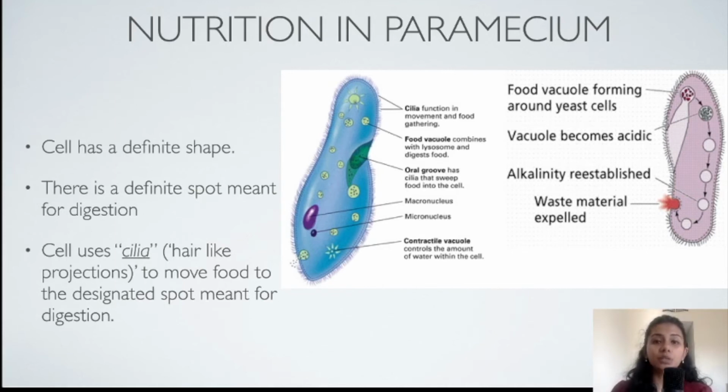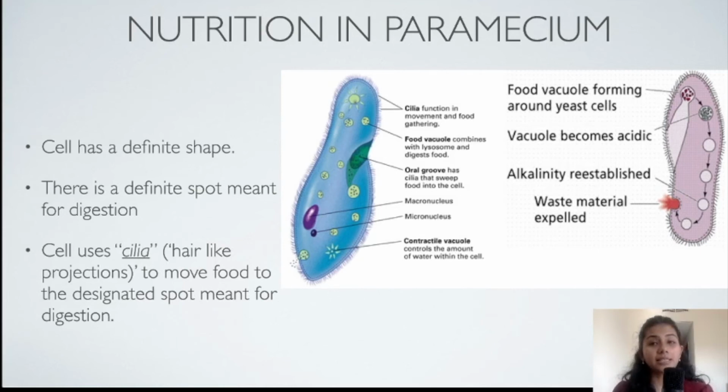So only through the oral groove it takes up food, and inside the oral groove and around it there are cilia, which are soft hair-like structures which brush the food inside the oral groove. Now, where do they brush it inside? To a food vacuole.